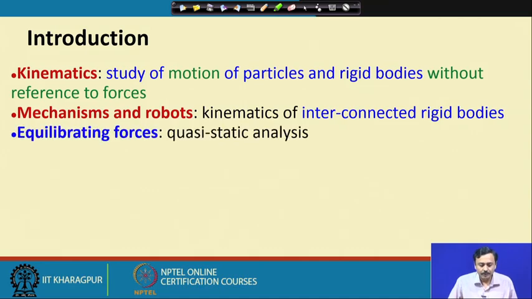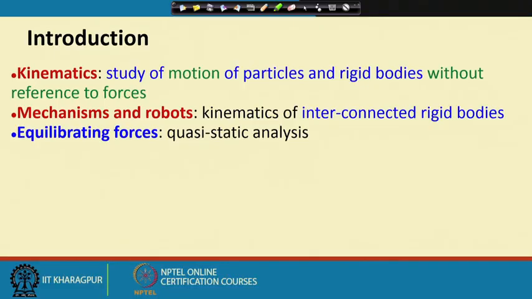In this course, we are also going to look into forces, but these are not the dynamic forces that we usually understand. These are the equilibrating forces, forces that are required to produce equilibrium. For example, if I have to produce a force, then my muscles are producing that force at my hand.